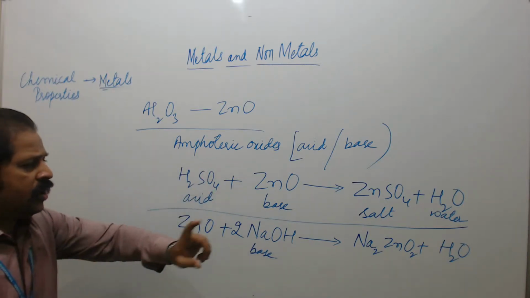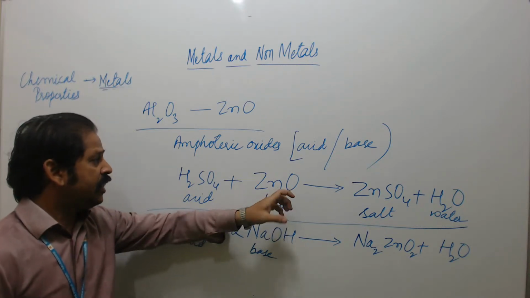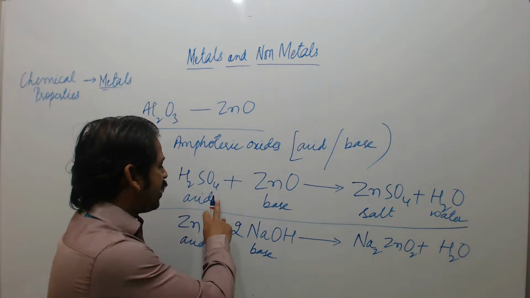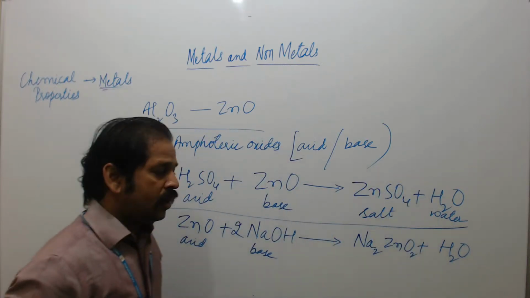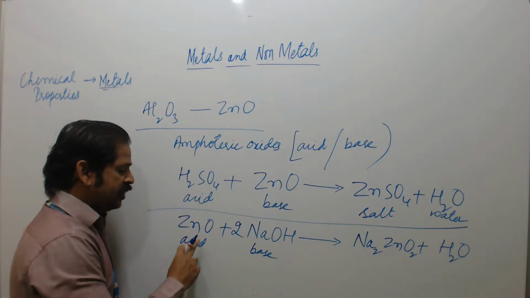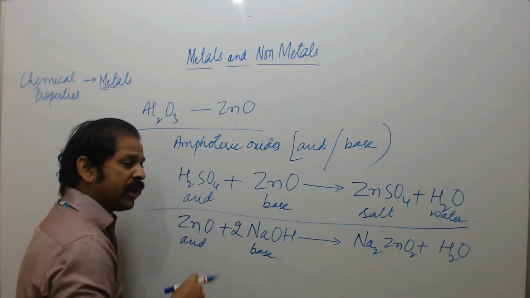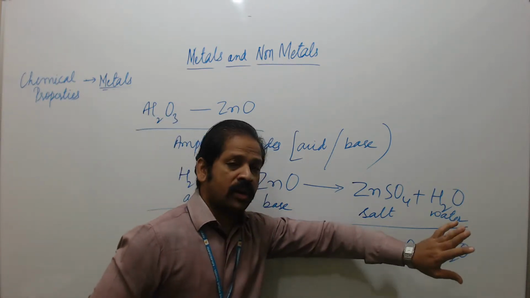See here, zinc oxide was behaving like a base in the reaction where sulfuric acid was reacting with zinc oxide to form zinc sulfate and water. But in this reaction, zinc oxide is behaving like an acid to react with sodium hydroxide to form sodium zincate and water.